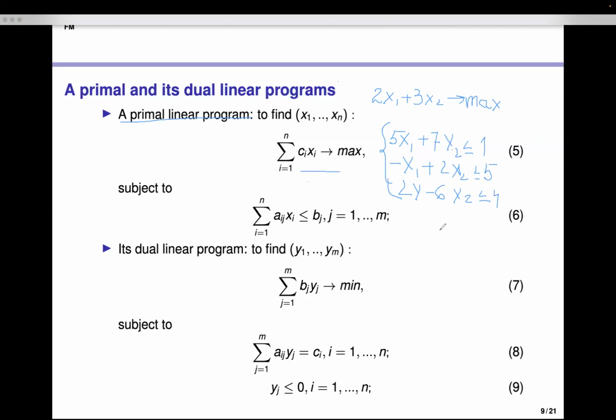And now we need to write the dual linear program. And notice, please, that we don't have the condition that all these x are non-negative or positive. We don't have this. So please, can you write the dual program?